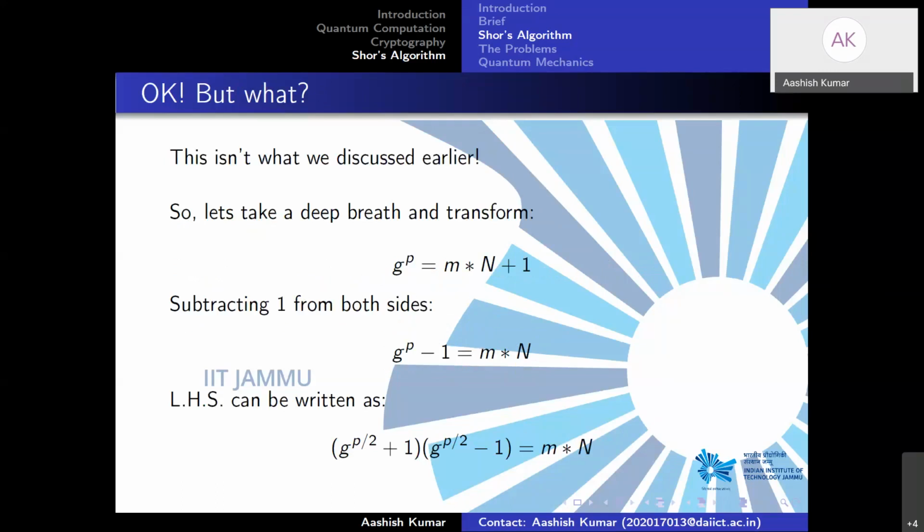Okay, now what? This isn't actually what we discussed earlier. We had the equation g to the power p by 2, plus or minus 1, for the better guess. So let's transform this new equation that we got. I'll subtract 1 from both sides, and then I'll break the left hand side down using the property a square minus b square, which is a plus b into a minus b.